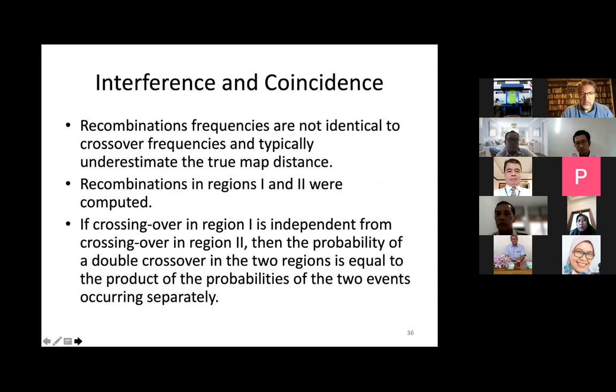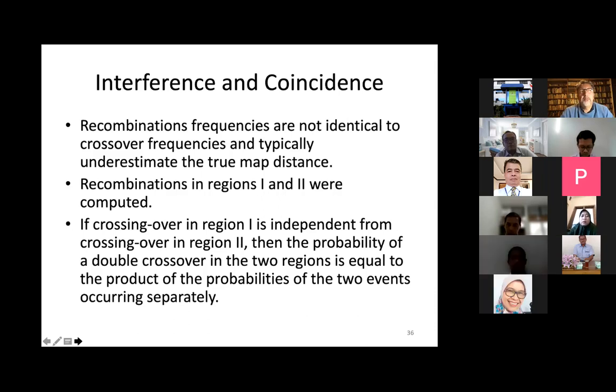Okay, so the question is, does the occurrence of one crossover interfere with another crossover nearby?